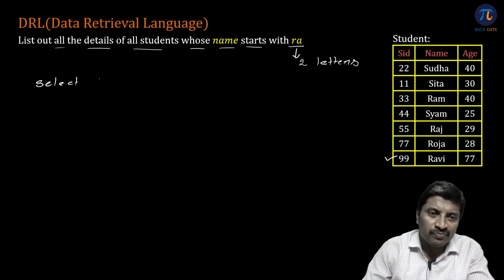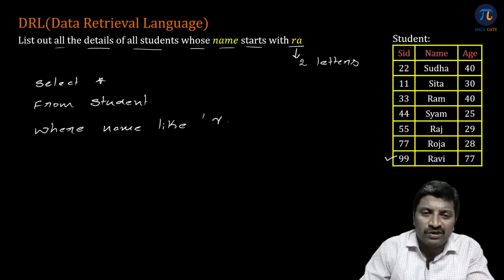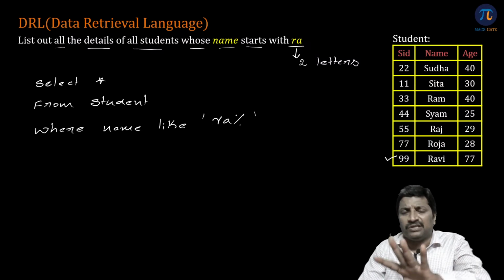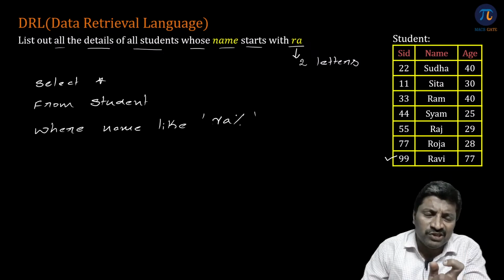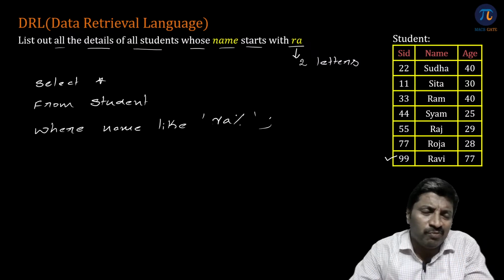Select star from student where name like the first two letters R A followed by any string. Not only one or two characters, you can specify even 10 characters also, because I know the information about the first 10 characters. That is the meaning of it. So RA followed by any string.